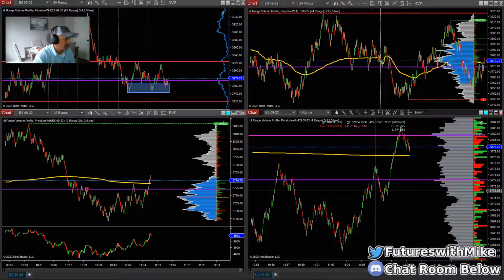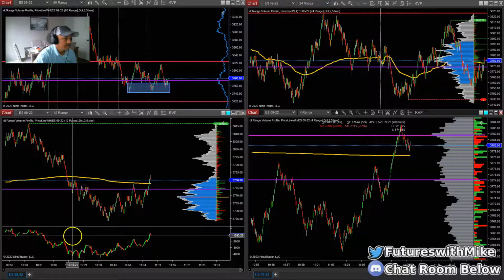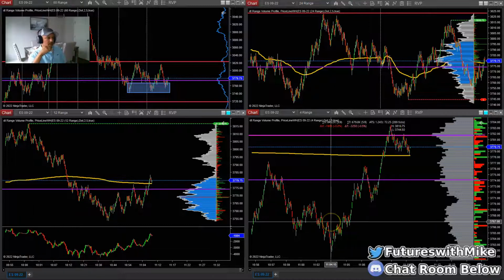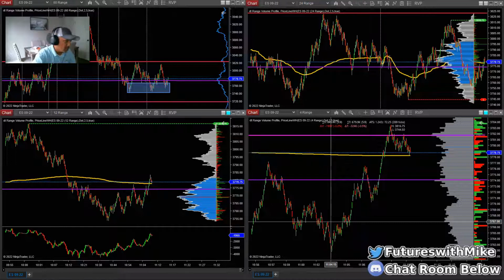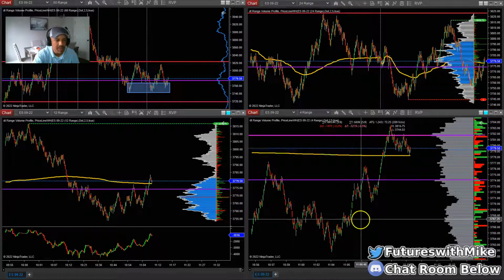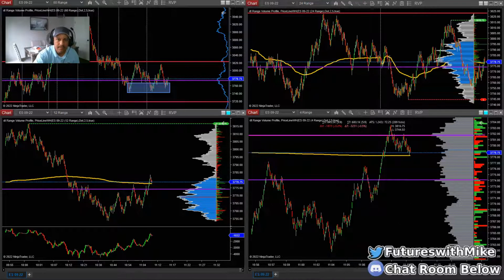Yeah, it may push down lower here, pull back before it decides to push up any higher. If it does, we'll see.